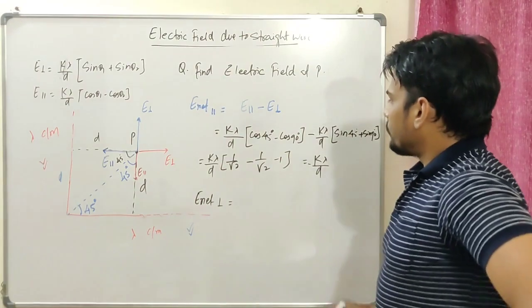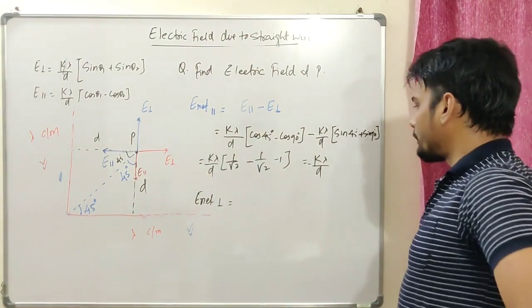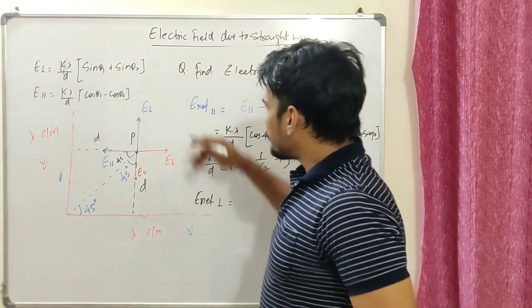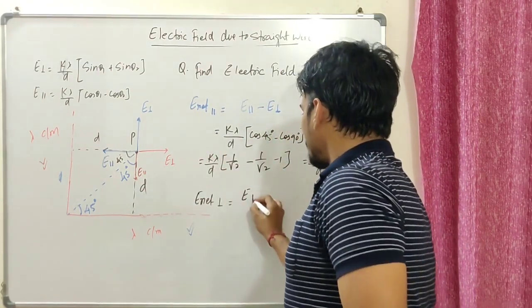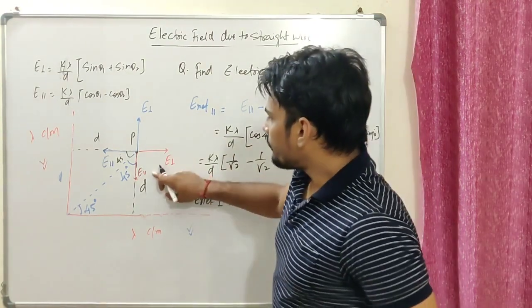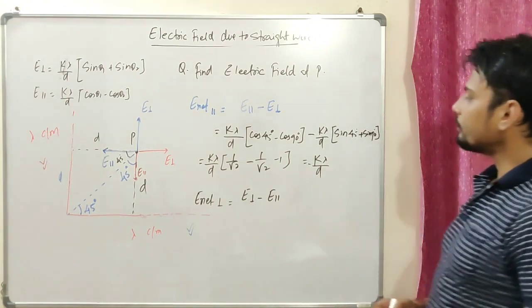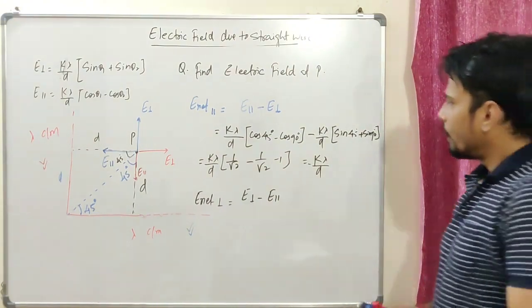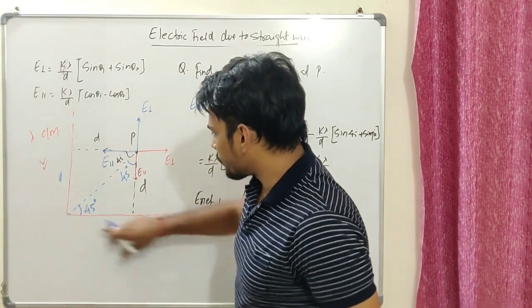Basically this negative sign indicates that it should be in this direction. That should not be a problem to all of you. Now E net in this perpendicular direction should be how much? Let's say E perpendicular minus E parallel. Fair enough. Now E perpendicular is because of this wire, right?